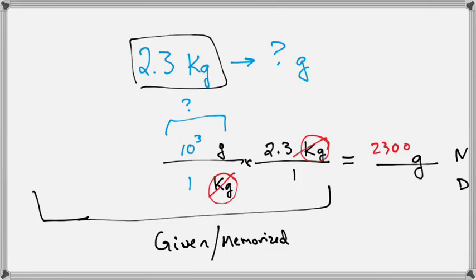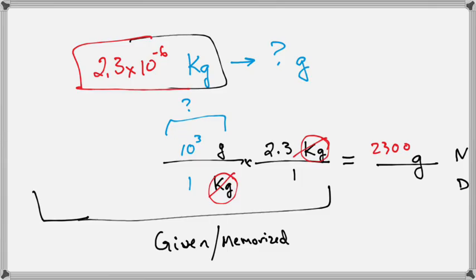I was going to ask if the 2.3 kilograms, if it was in scientific notation, would you convert it to standard before you do the other conversions, or would you keep it in scientific? Okay. So the question is if we were in scientific notation for that number, would I convert that number into a different measurement system?